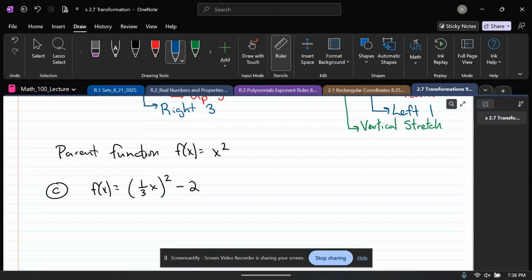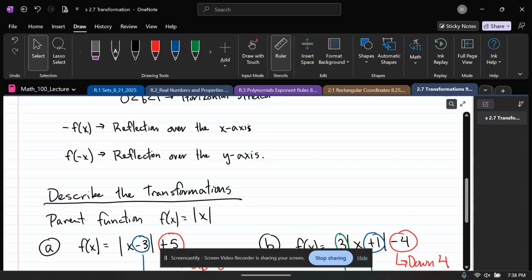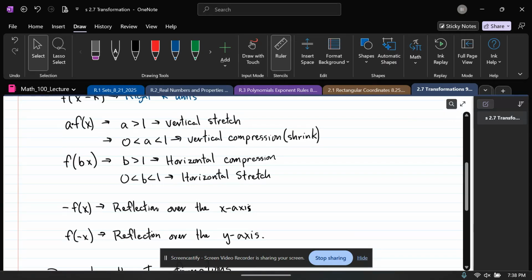So what transformations happened there? Okay. The minus 2 on the outside is the down 2. That's good. Now this weird one, we hadn't seen this one yet. The multipliers on the inside of the grouping symbol or inside of the function. Horizontal compression or stretch?